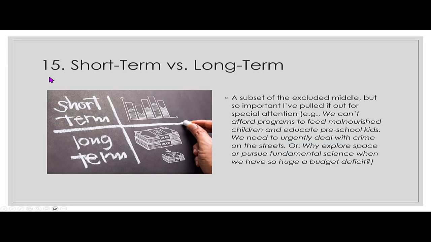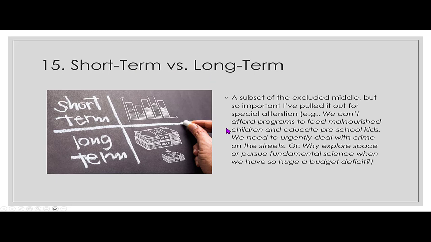Number 15 is the short term versus the long term. This is a subset of the excluded middle, so it comes from that one, but is very important. So this is why it's pulled out for special attention. So an example here of short-term versus long-term.